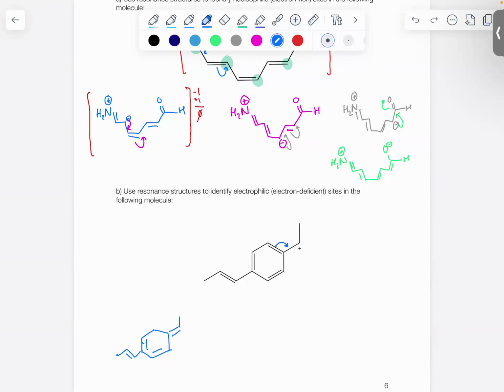We've created a new empty space. And so following the same idea as we did earlier, we'll continue to push electrons around. But when pushing electrons around to identify electrophiles, we're looking at where we leave empty gaps, empty orbitals, when we move our electrons.